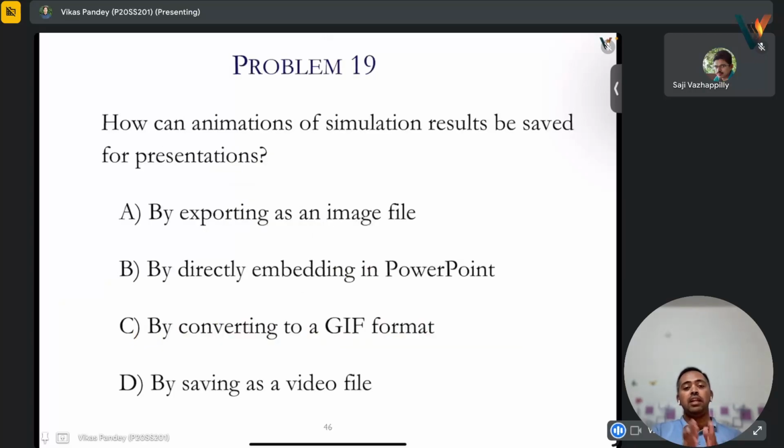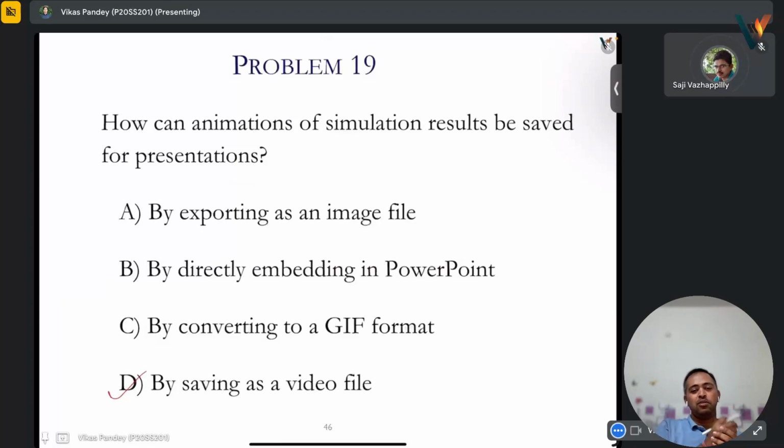Next: how can animations of simulation results be saved for presentation? By exporting as an image file, by directly embedding it into PowerPoint, by converting it to a GIF format, or by saving as a video file. We can show it directly in PowerPoint, but there is no actual direct interfacing.